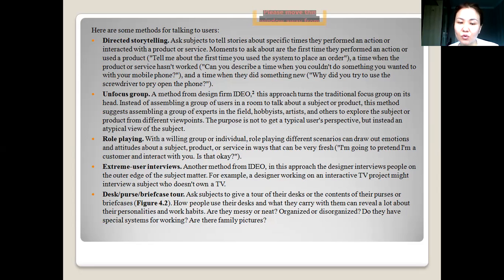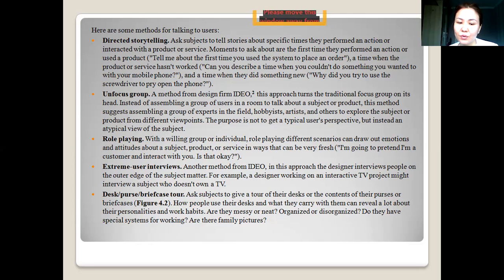Instead of assembling a group of users in a room to talk about a subject or product, this method suggests assembling a group of experts in the field, hobbyists, artists, and others to explore the subject or product from different viewpoints. Role playing: with a willing group or individual, role playing different scenarios can draw out emotions and attitudes about a subject, product, or service in ways that can be very fresh.